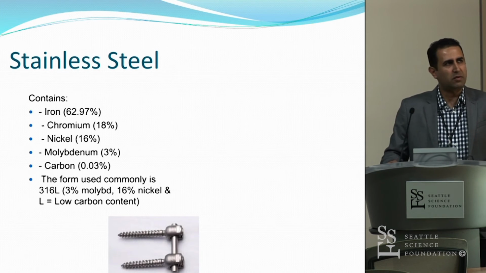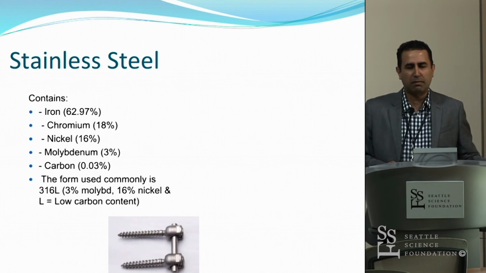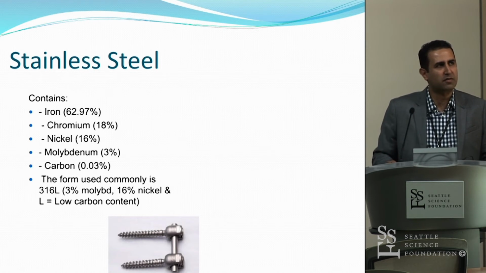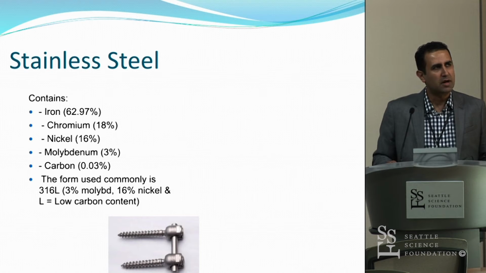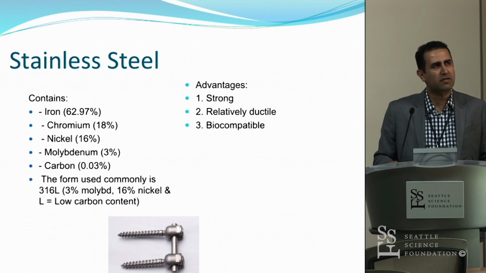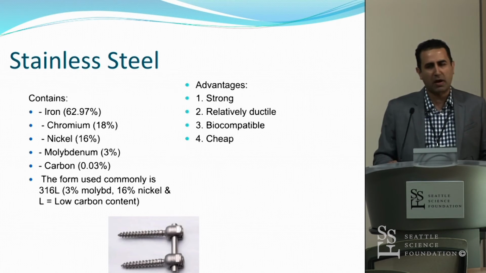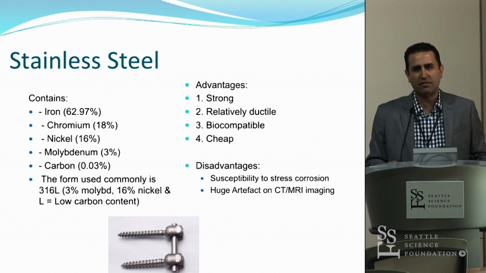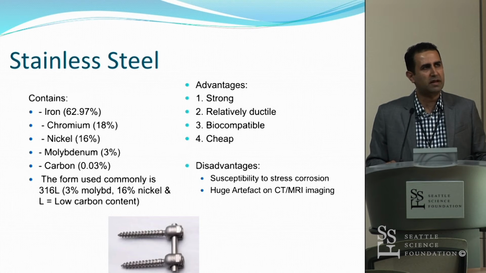So what's the deal with stainless steel? It was the original implant. It's still a very, very good choice. It's typically made up of iron. It's ferrous with some other elements to it to improve its strength and reduce its corrosion. The advantages are that it's strong, it's ductile, it's biocompatible, it's super cheap because it's been around for so long, and you can customize your implant pretty easily.